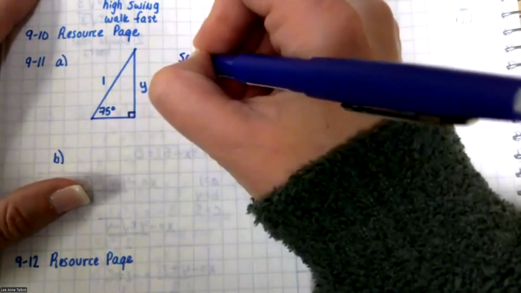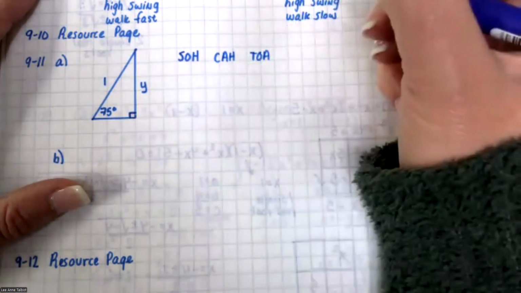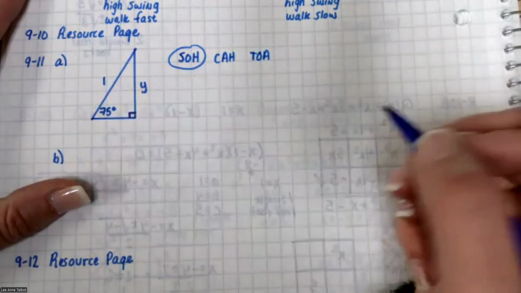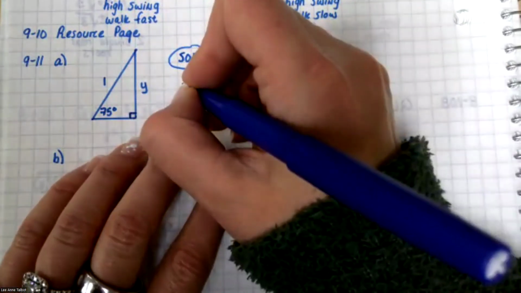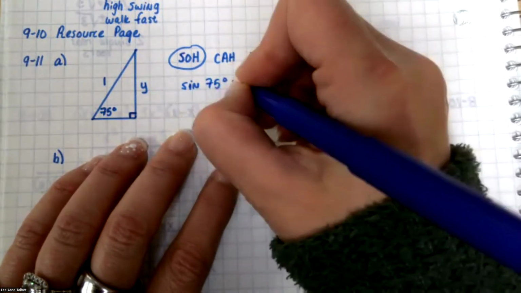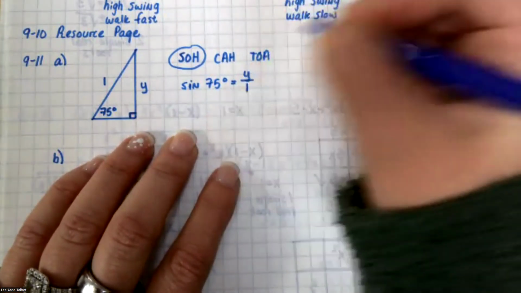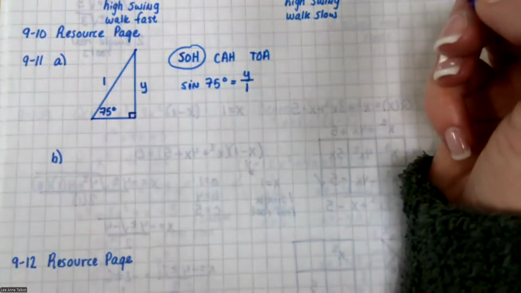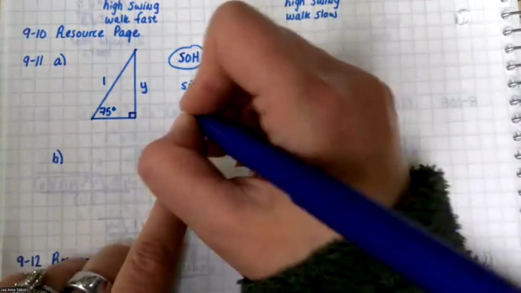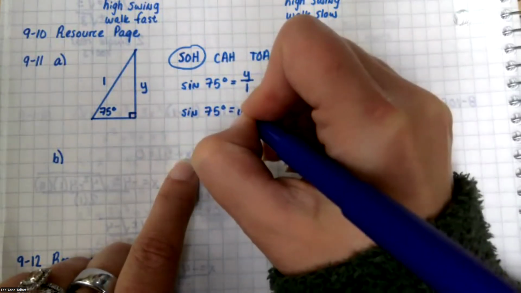So remember, SOH CAH TOA, and sine is opposite over hypotenuse. So I have sine of 75 degrees equals opposite over hypotenuse. And y over 1 is just y, so I have sine of 75 degrees equals y.